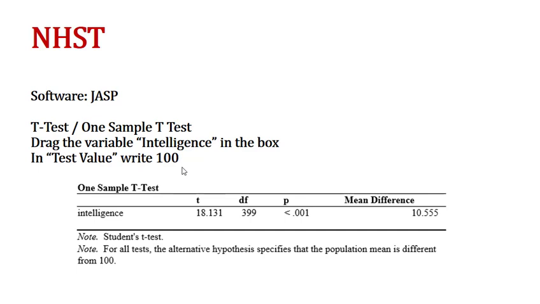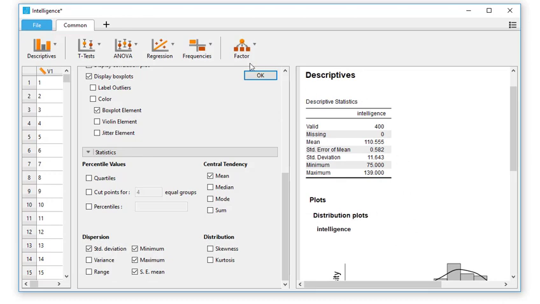So we may want to test against a value that has some interest, for example 100, because in the general population the mean of IQ is 100. So we want to test whether our sample is different than the population or not, and so we test our sample against the test value 100. So let's do it with JASP now.